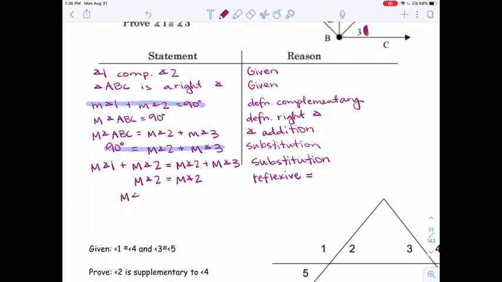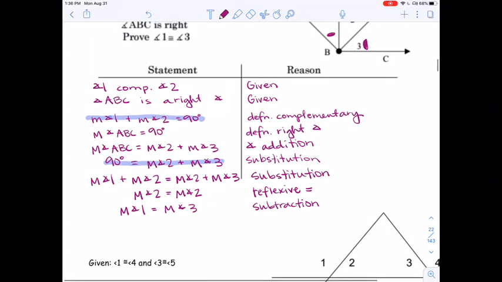So the measure of angle 1 is equal to the measure of angle 3 because I subtracted angle 2 out of it. And now I just need to change the way it looks. So if 1 is equal to 3, then I also know that angle 1 is congruent to angle 3 because of our definition of congruent angles.